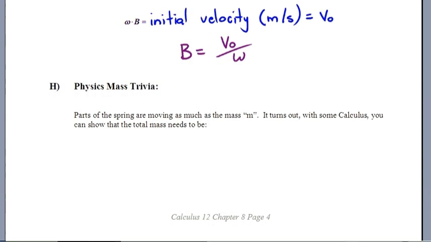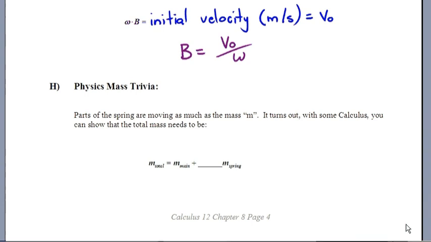Sometimes we lie to you and tell you it's super simple, and then you realize there's a little more to the story. It turns out if you watch a mass bouncing on a spring, the mass is not the only thing bouncing. The spring is too. Well, part of the spring is. The top coils aren't bouncing at all, but the bottom ones sure are.